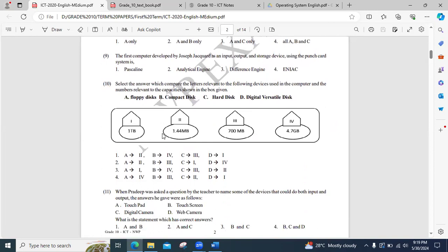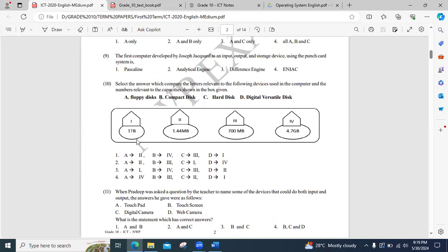10th question. Now select the answer which matches the letters relevant to the following devices used in the computer and the numbers relevant to the capacities shown in the box given. A floppy disk, B compact disk, C hard disk, and D digital versatile disk, that is a DVD.